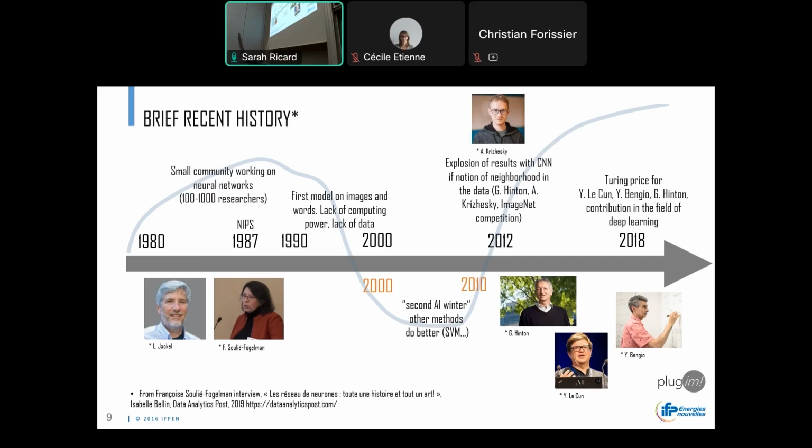But in 2010 and 2012, we have an explosion of results with CNN, because some people continued to use it and increased the usage of this operator, especially with convolutional neural networks, because they are well adapted for image processing. We will see why they are very adapted for image processing or signal processing.